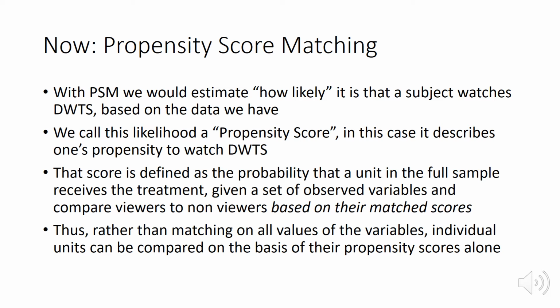Importantly, there might be some of you that, based on your observable data, are quite likely to watch Dancing with the Stars. But for whatever reason, let's call it blind luck, you do not watch Dancing with the Stars. Maybe you're busy Thursdays at 8, 7 Central. Maybe you don't like it.